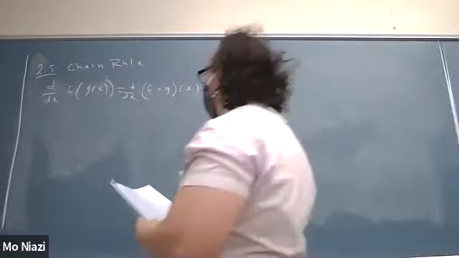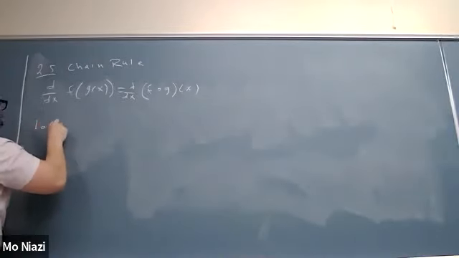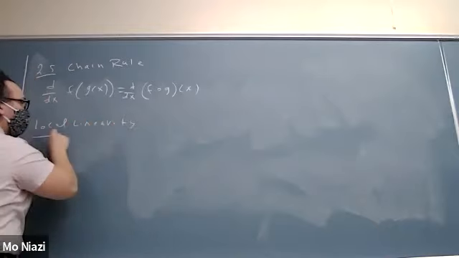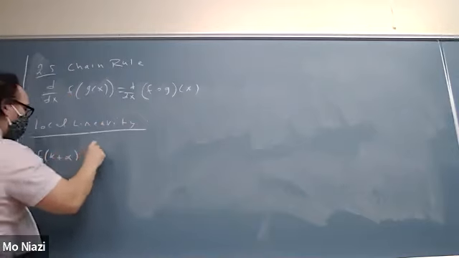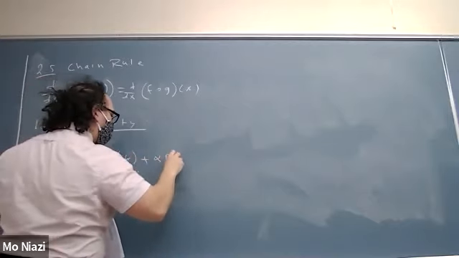First, to do so, we need to talk about the local linearity formula, which is very important. Local linearity gives us that f of k plus alpha approximates to f of k plus alpha f prime of k.